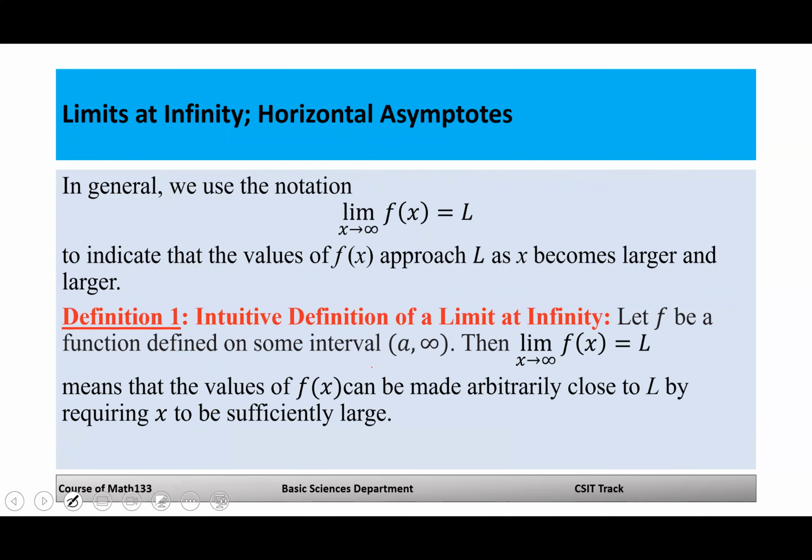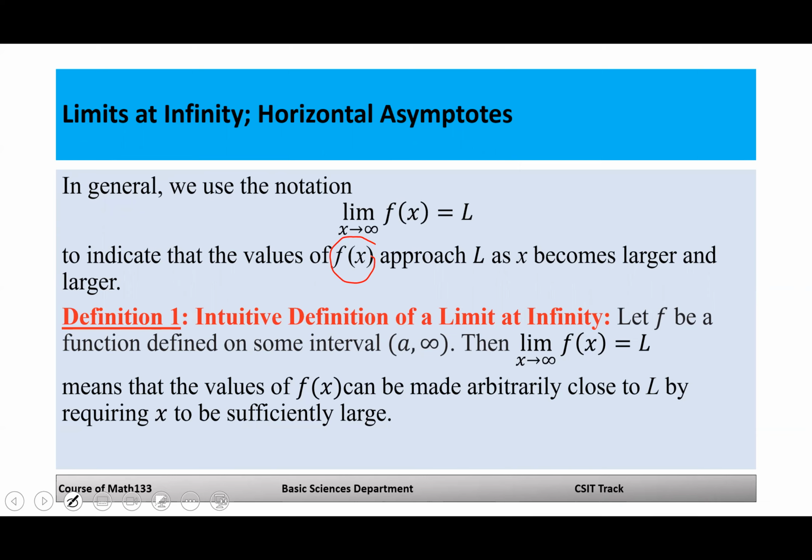Here is the definition in general. We say that the limit of f of x as x approaches infinity is equal to L when the value of y, which is f of x, approaches L as x becomes larger and larger.